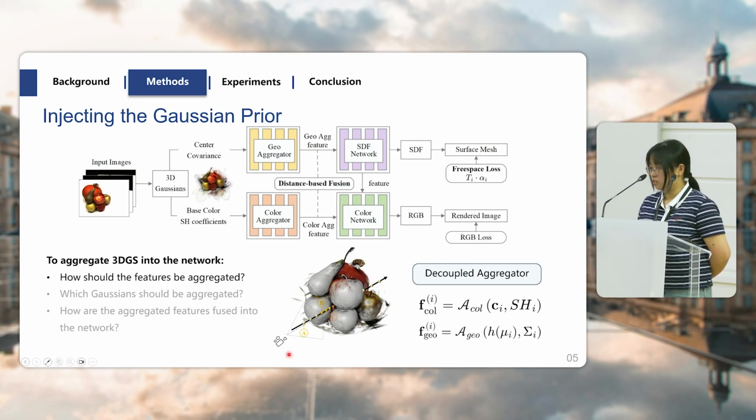We follow this same structure and use 2 independent aggregators. The geometry aggregator takes the hash encoding of the Gaussian center together with its covariance and outputs geometric features. The color aggregator takes the base color and SH coefficients and outputs the color features.